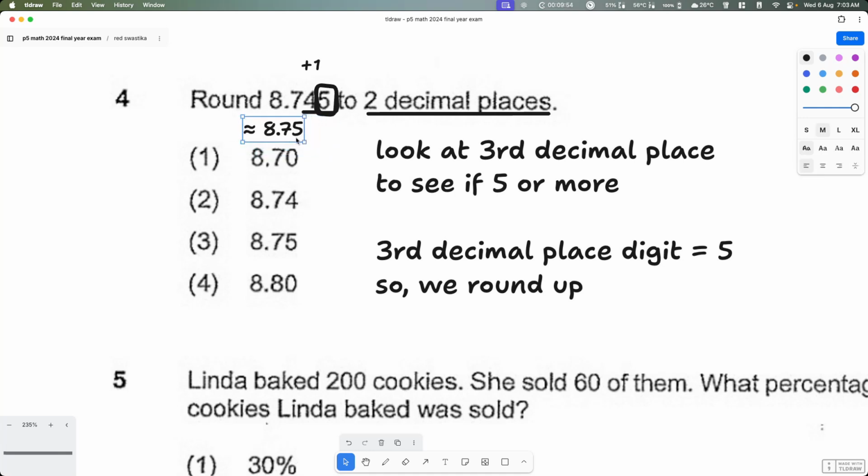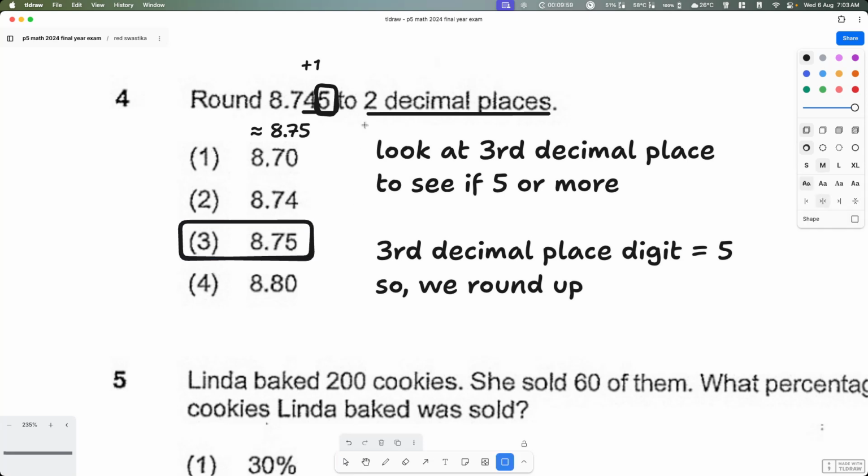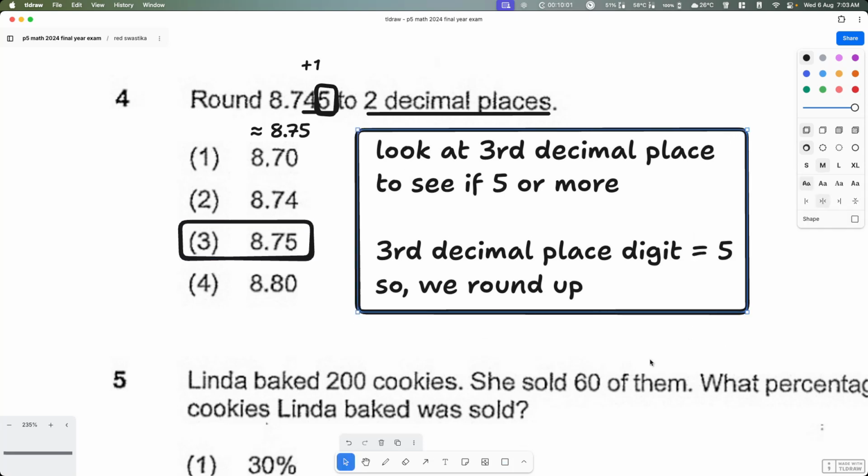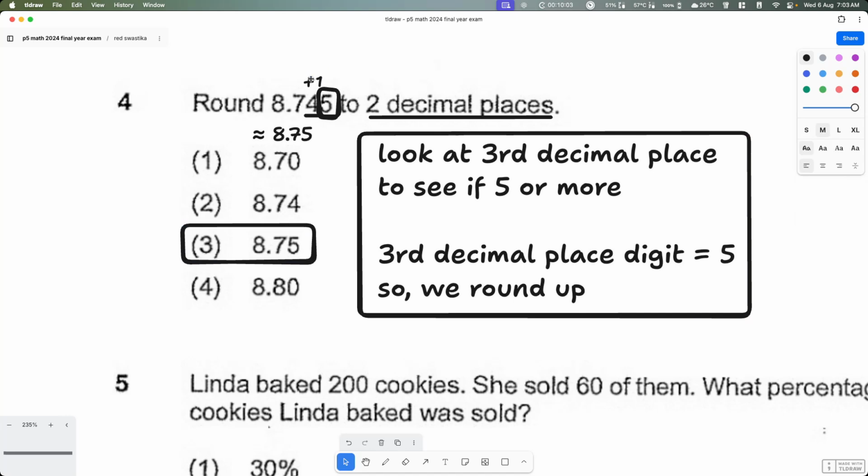So that's the answer, 8.75. The answer is this over here. Okay, let's move on. I'm just going to put 5 like this, easier. Make it small. All right, let's move on to the next question.